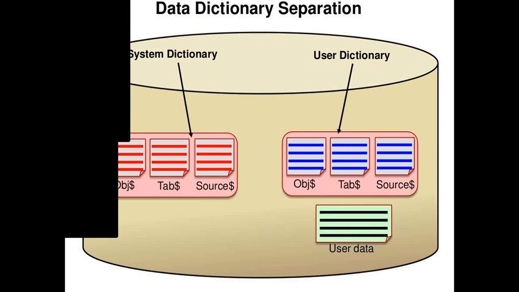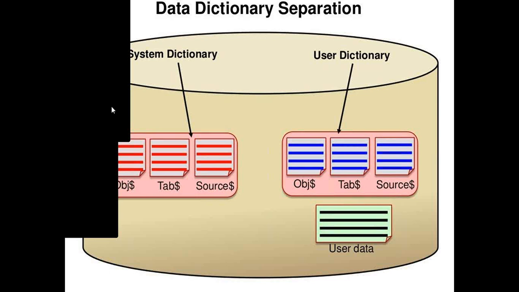So the main changes are with the system data dictionary. Okay, so in earlier versions, in Oracle 10g and Oracle 11g, we had the data dictionary present inside the system tablespace. Okay, but in Oracle 12c, the data dictionary is also present inside the pluggable database. So we'll be having two separate data dictionaries, one present inside the pluggable database and one present inside the basic container database.